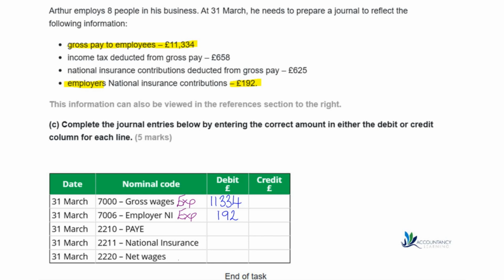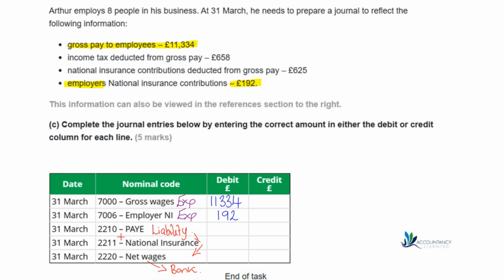Now for the final three, these are all going to be liabilities. So this is what's going to have to go over to HMRC for these two here. And this is actually what goes into the bank account of the employee.